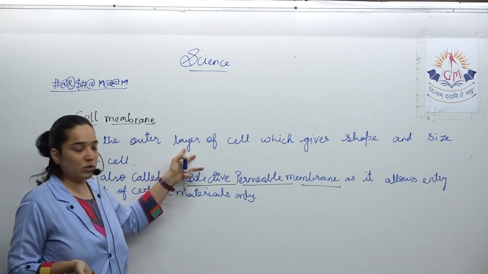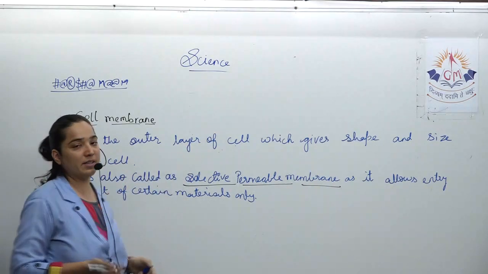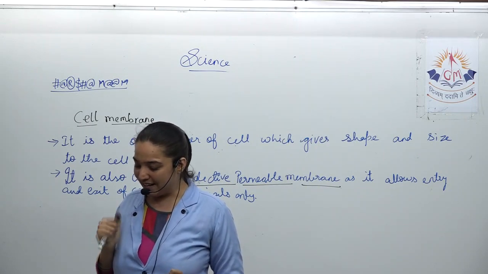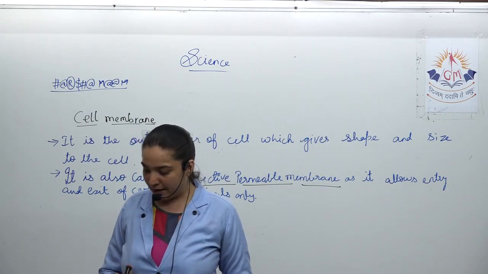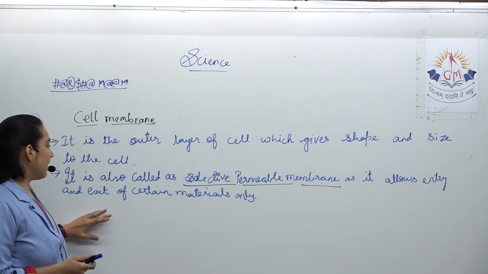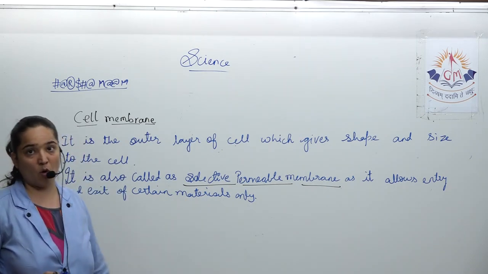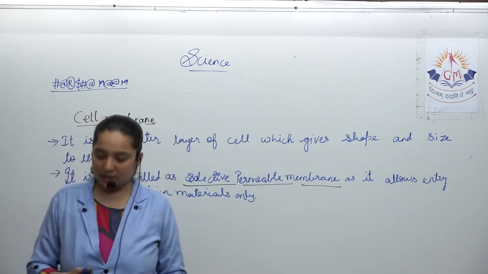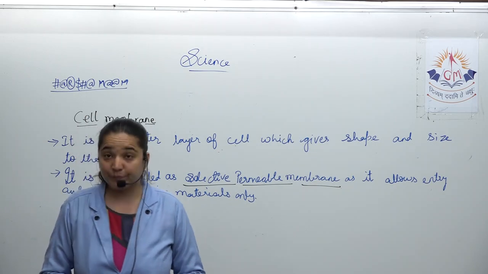Boundary bolo, layer bolo, it is one and the same thing which gives shape and size to the cell. And moreover, it is the selective permeable membrane because it will allow only entry and exit of certain materials. All the things will not be allowed to come in, nor all the things will be allowed to move out.